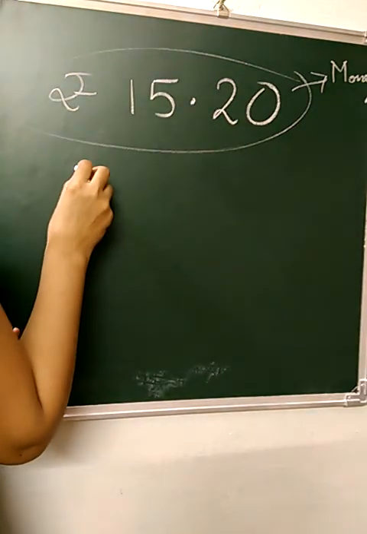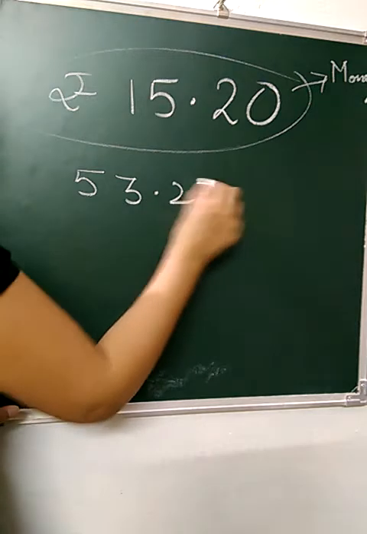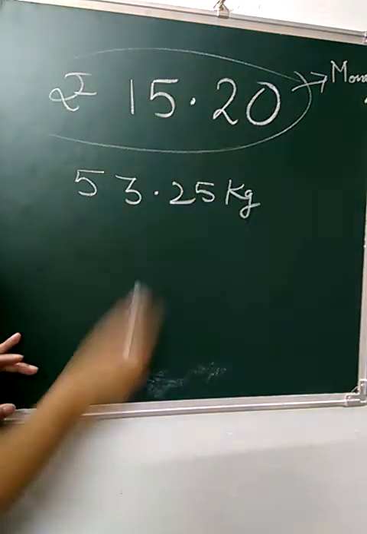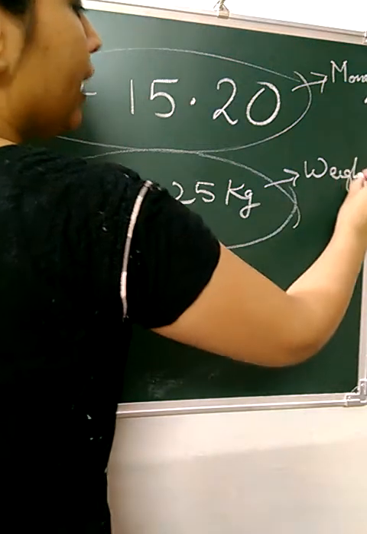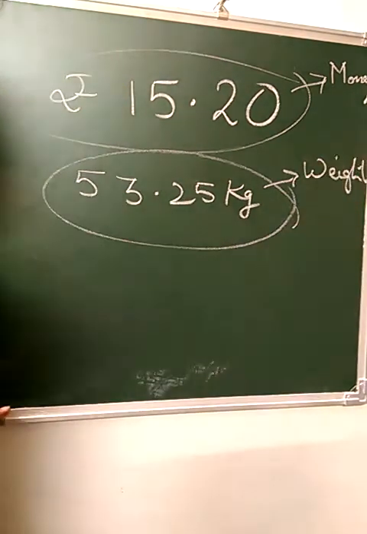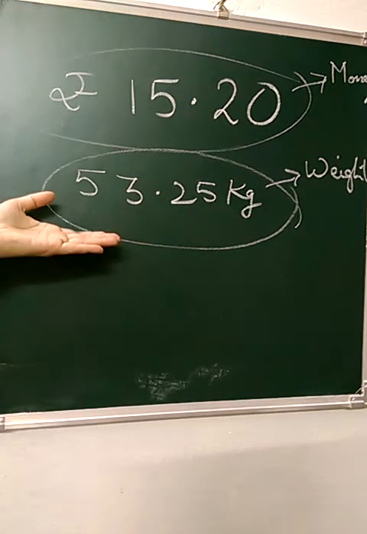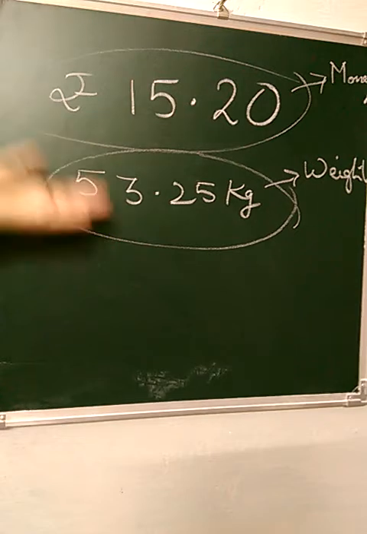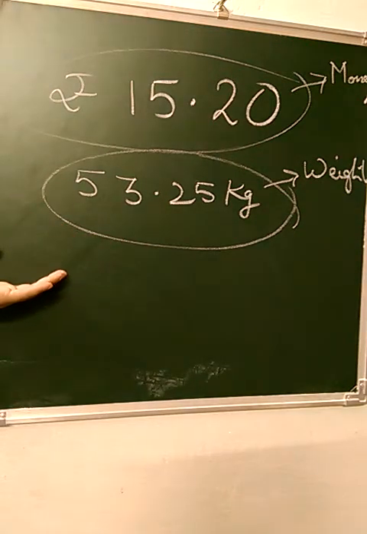My weight is 53.25 kgs. Weight, yes, and of course length, yes. So we see that the daily usage of decimals is very common, either in money or in weight or in length. Okay, so we use these decimals.